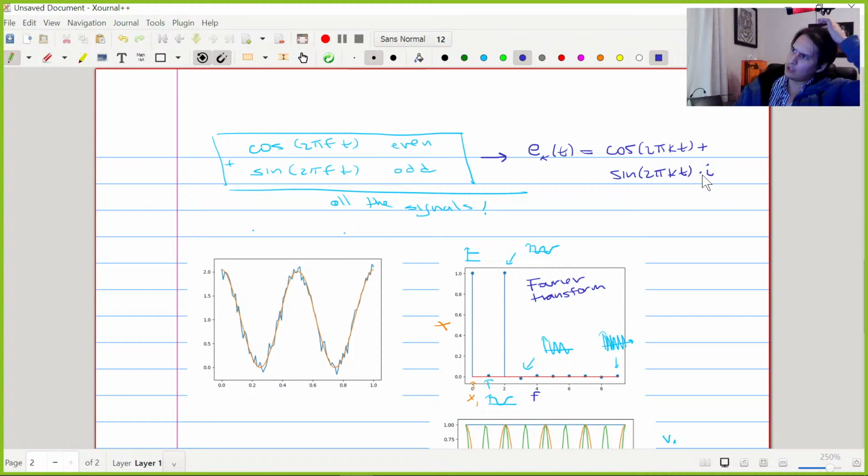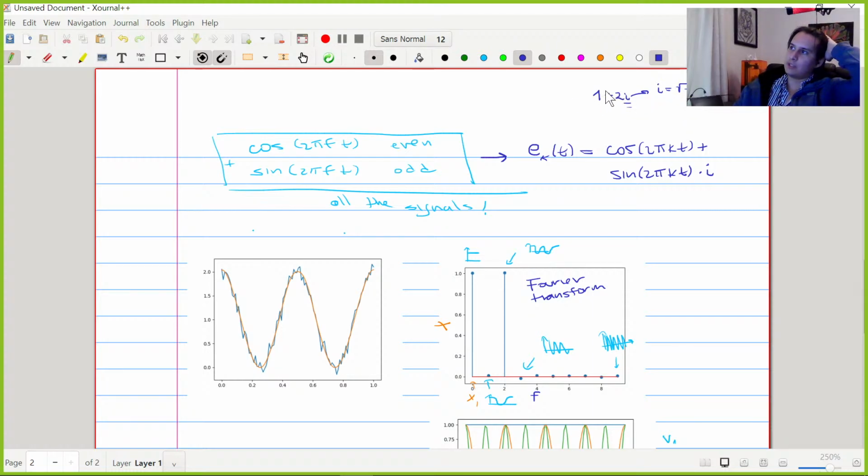Do you know what an imaginary number is? It's basically an extension of the real numbers, in which, for example, you have 1 plus 2 times i, and the imaginary part is always separated from the real part, and this imaginary unit is defined as the square root of -1.